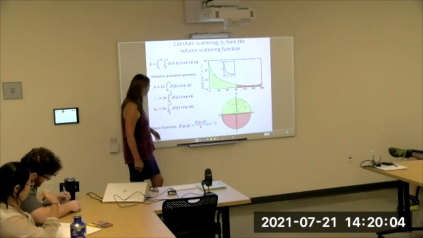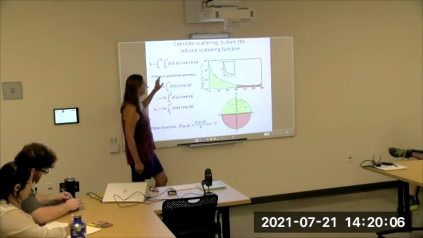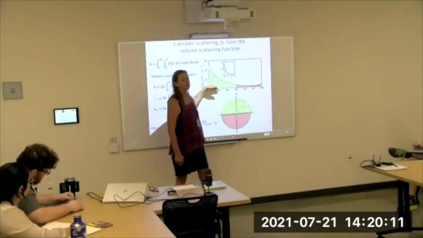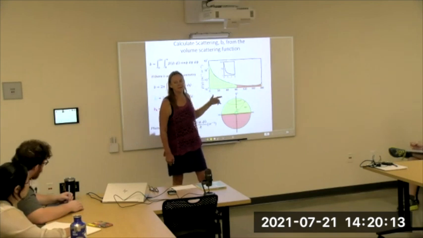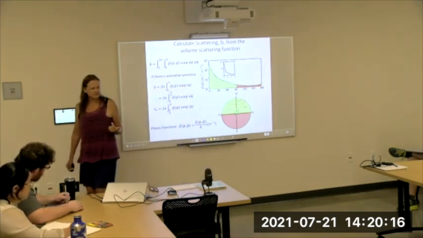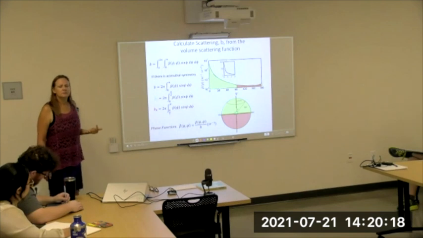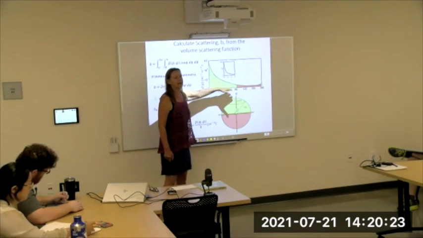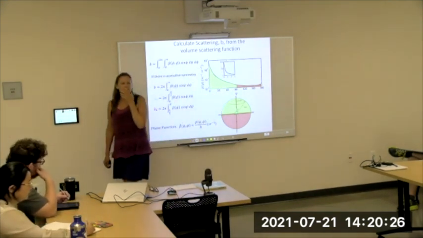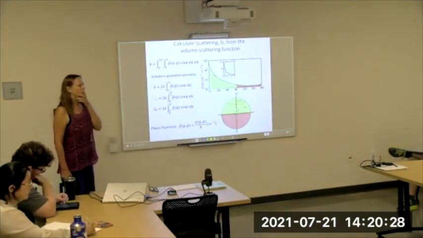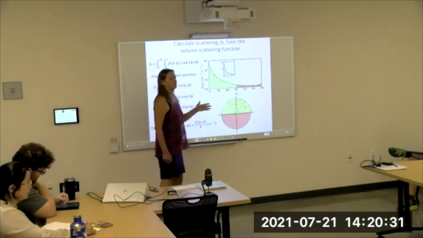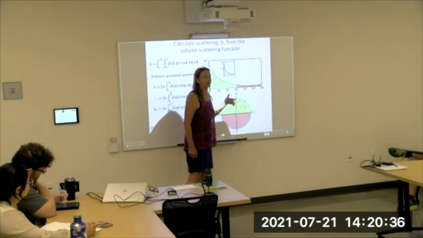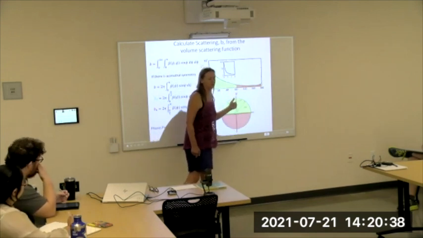You'll see something called the phase function, which is the volume scattering function as a function of angle divided by the integral under the curve, divided by the scattering coefficient. Why would we do that? What would that allow us to do? You could do the ratio forward to back, or the backscattering fraction, backscattering over total.